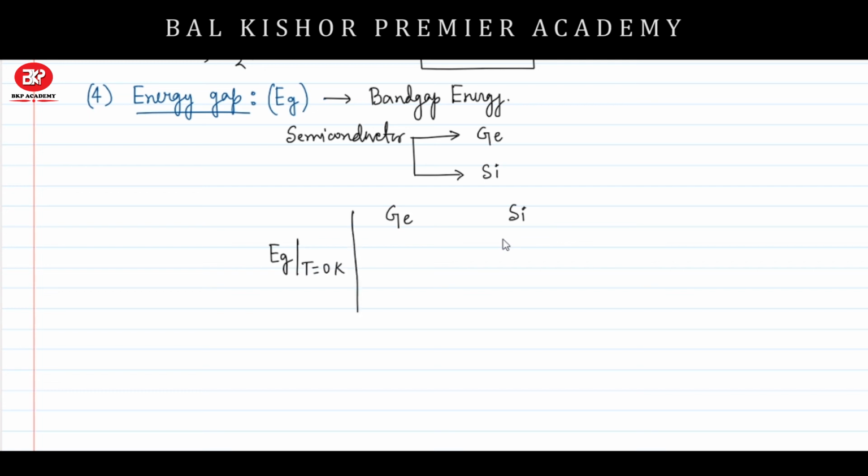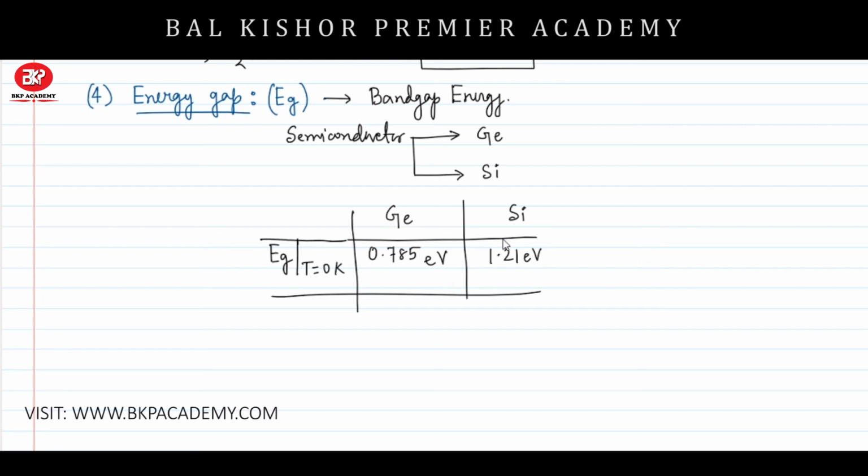It has a value of 0.785 electron volt for germanium, and for silicon it will be 1.21 electron volt. That means at T equals 0 K, germanium will have smaller bandgap energy and silicon will have a higher bandgap energy.